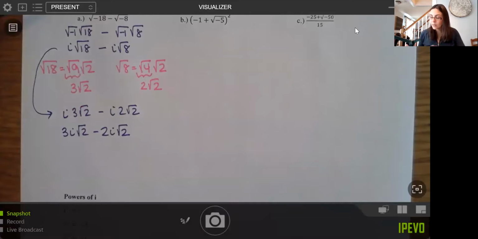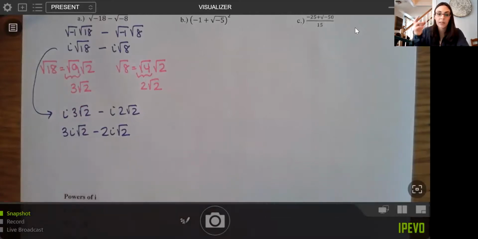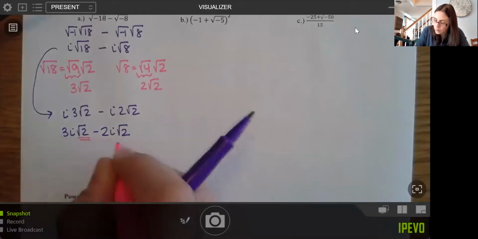Now, there's one last thing we can do here. And working with roots is very similar to working with variables and like terms. If you have the same kind of root, you can add or subtract it as well. With multiplying, we can basically do whatever we want, right? Because we don't need like terms for multiplication. But for adding, subtracting, you do need like terms, and you would also need like roots. But these are like roots. They both end up having square root of 2.